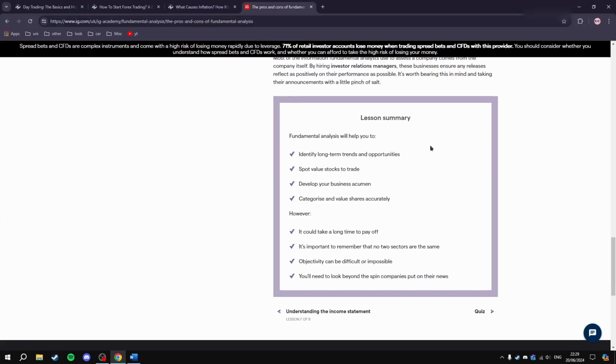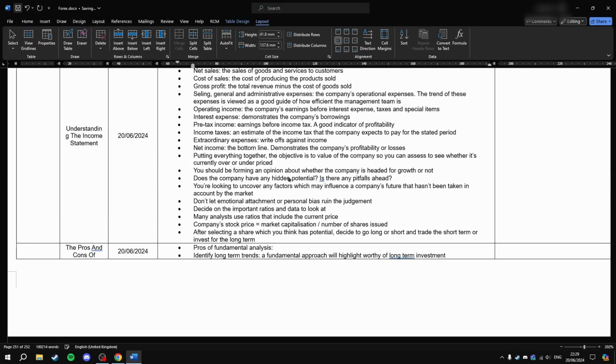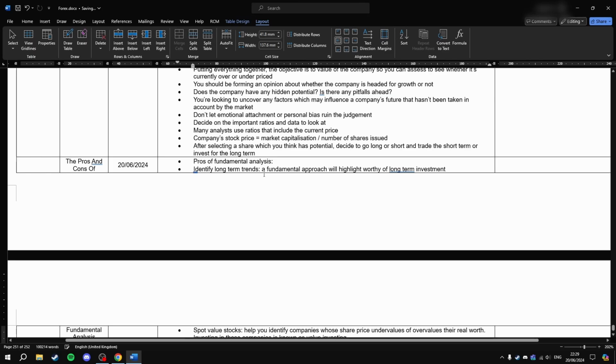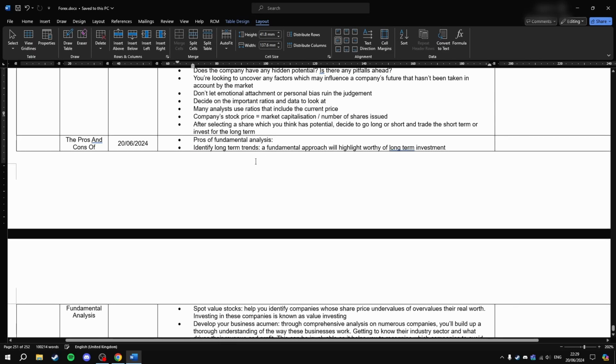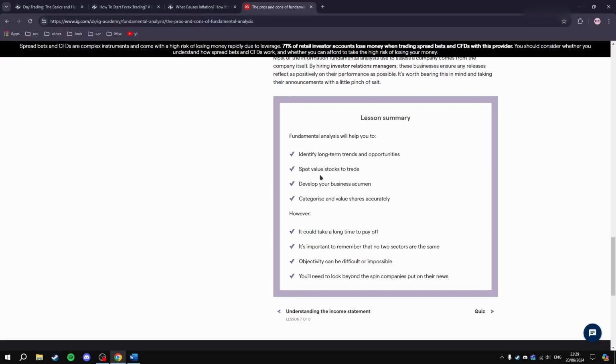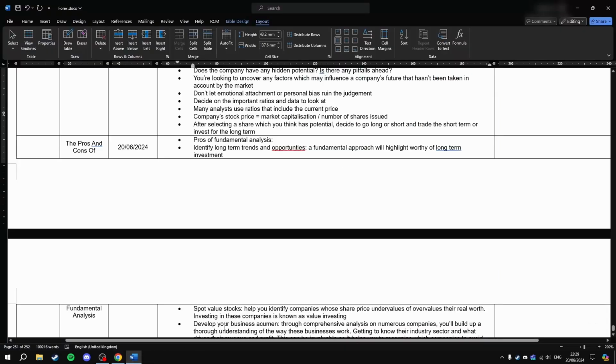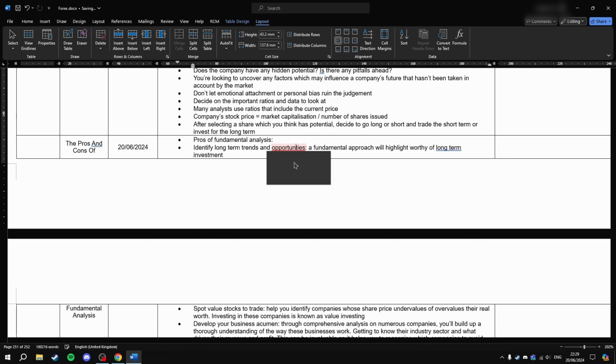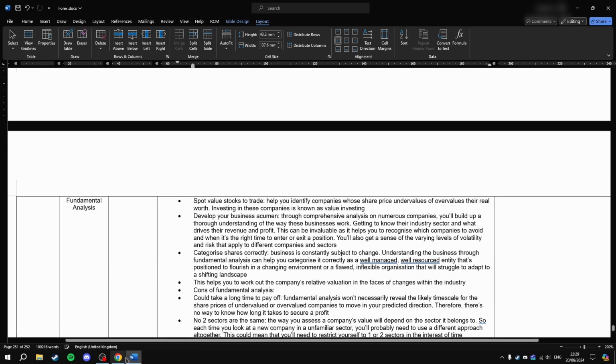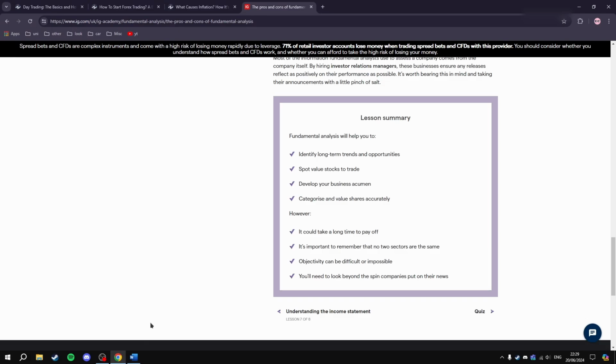Lesson summary then. Fundamental analysis will help you to identify long-term trends and opportunities, spot value stocks to trade, and develop your business acumen.